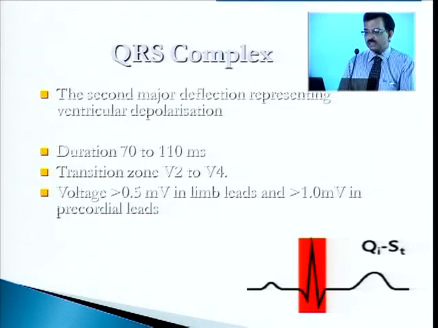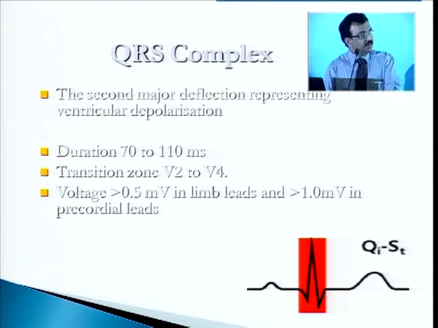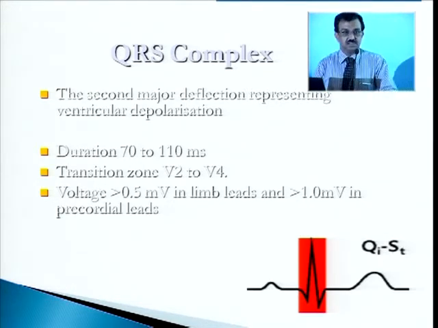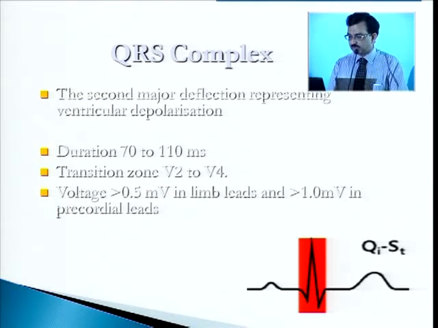Now coming to the QRS complex, the second major deflection. It represents ventricular depolarization. So we know that atrial depolarization is represented by the P wave, ventricular depolarization by the QRS complex, the T wave represents ventricular repolarization, and the U wave represents late repolarization in the Purkinje system.